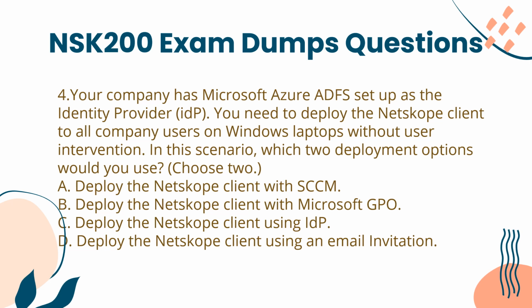A. Deploy the Netskope client with SCCM. B. Deploy the Netskope client with Microsoft GPO. C. Deploy the Netskope client using IDP. D. Deploy the Netskope client using an email invitation.